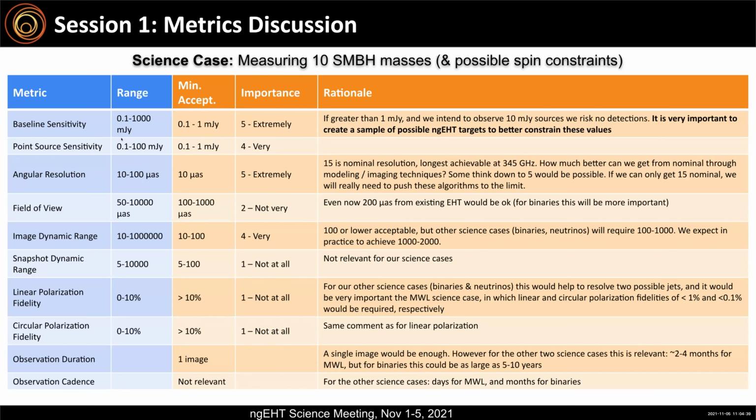Then we discussed point sensitivity, and we found that for us 0.1 to 1 microarcsecond seems to be fine, but this is not something that is too relevant for us.